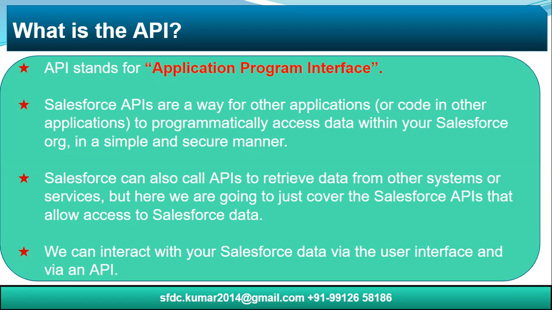A simple example of an API: I want to call my friend. The mobile number is unique, right? Then only I am exactly connecting with that person. Another simple example: when we create a Gmail, LinkedIn, or Twitter account, they ask for a unique name.